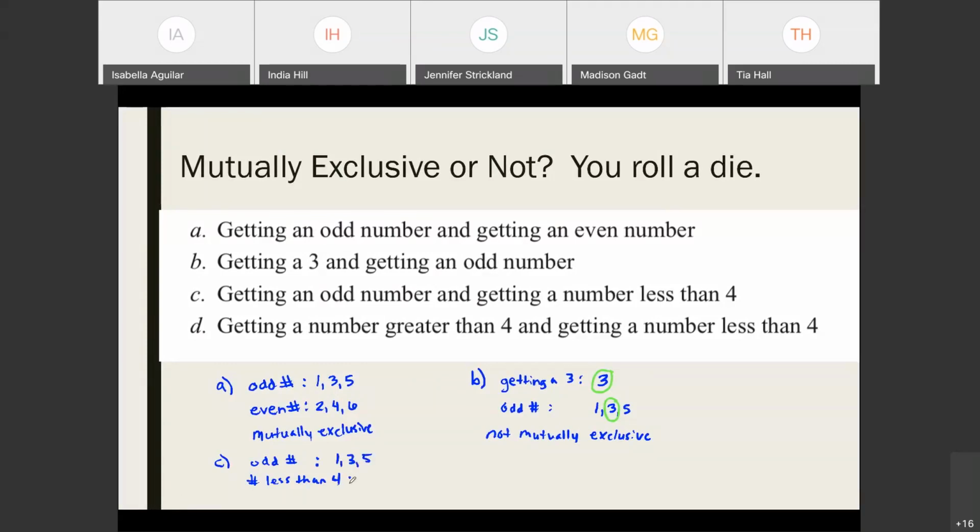My number less than 4, that would be 1, 2, and 3. All right, so would you say those are mutually exclusive or not? No. No, why not? The 3, good. All right, so everybody agree with that? These are not mutually exclusive. The problem is the 3.